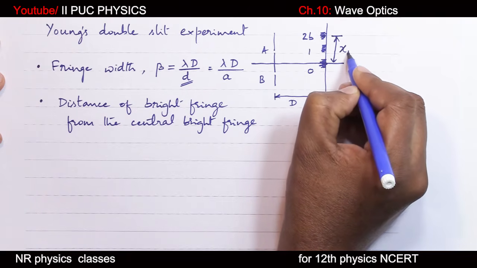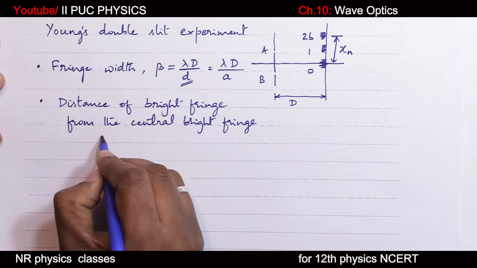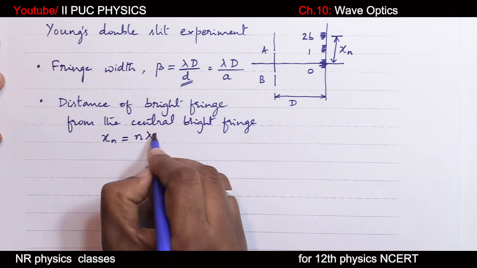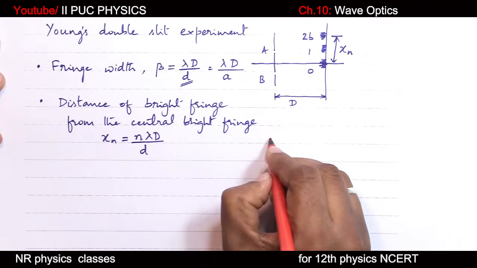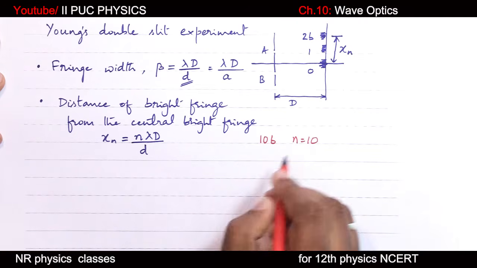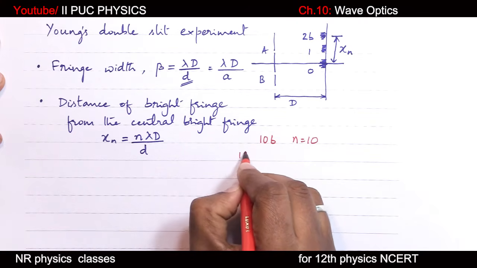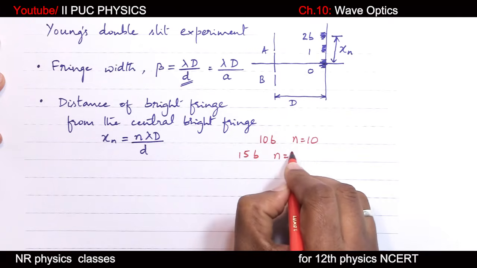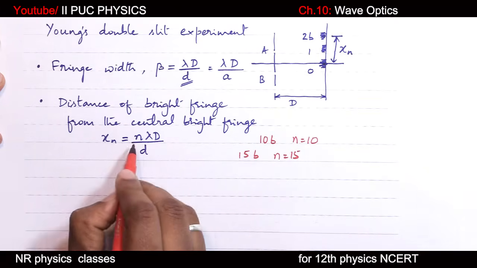Let me denote it by xn. So xn equal to n lambda capital D by small d. What is the distance of 10th bright? n equal to 10. What is the distance of 15th bright fringe from the central? n equal to 15.